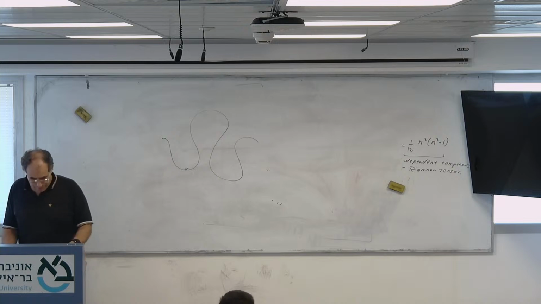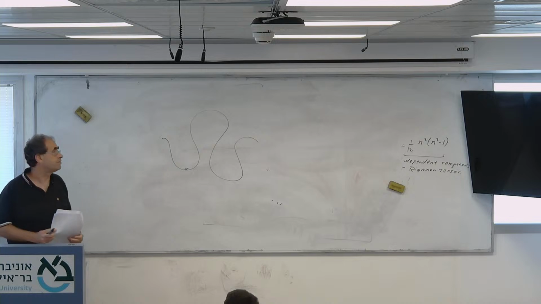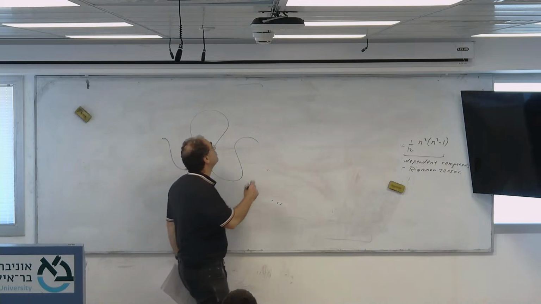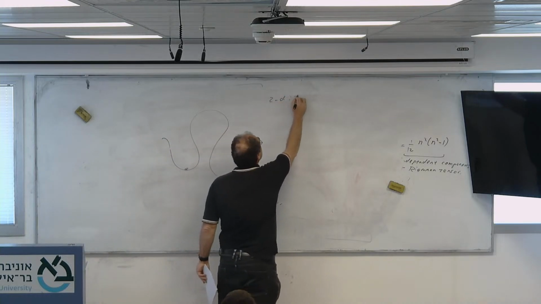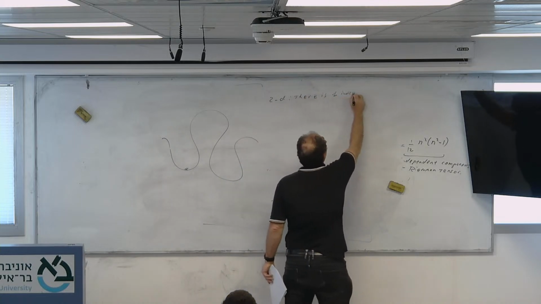What about 2 dimensions? There's only one. So 2 dimensions, there is 1 independent component.